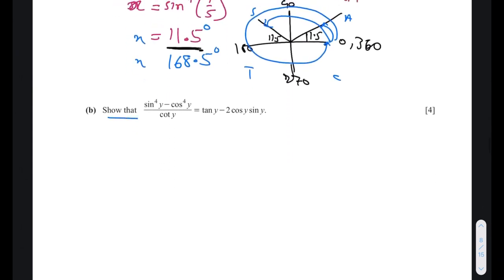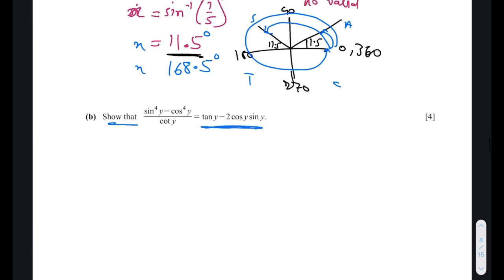They said show that this gives us that. Well, it looks kind of interesting, right? But let's see something. This is sine to the 4th power and then cos to the 4th power. A 4th power is even, and we know that sine square plus cos square also gives us 1, right?